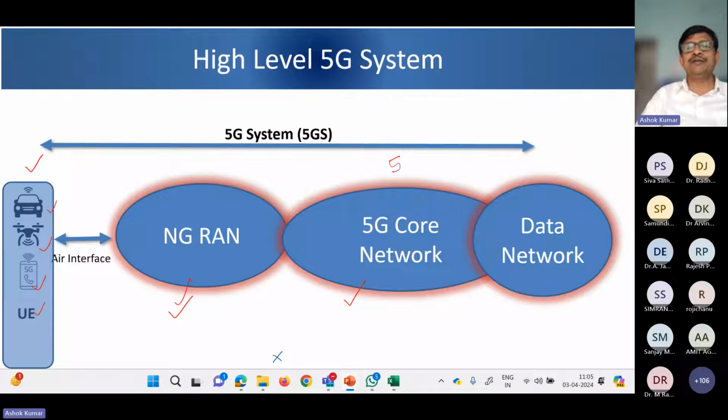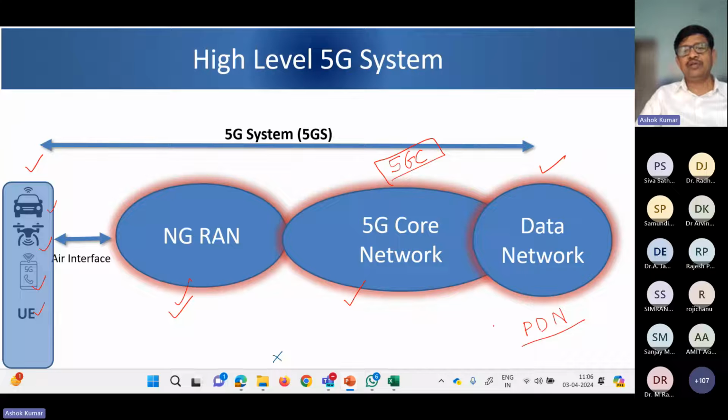Popularly, people call it 5GC. So 5GC is nothing but the 5G core network. And then we have the data network. Last time also I had discussed why we call it data network, whereas in 4G architecture, we used to call it PDN or packet data network.